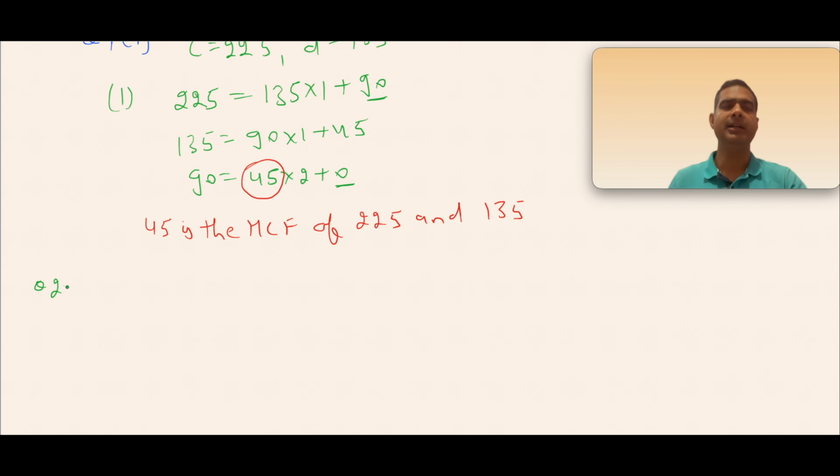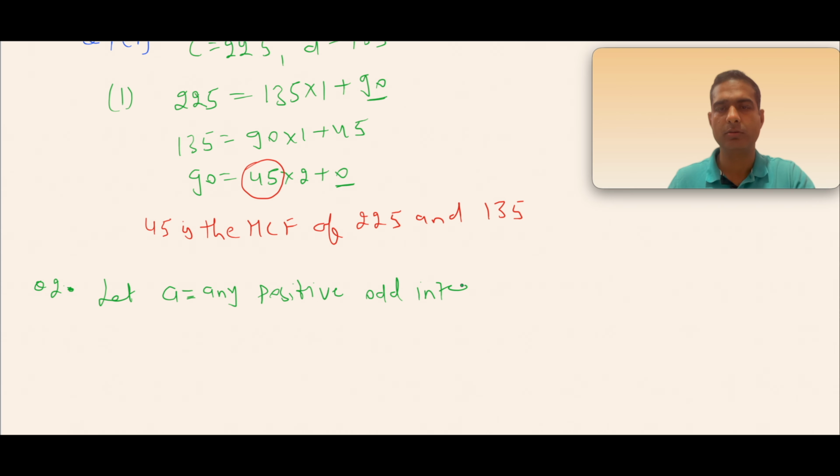So we have to show this for any positive odd integer. So let a be any positive odd integer and b is equal to 6.